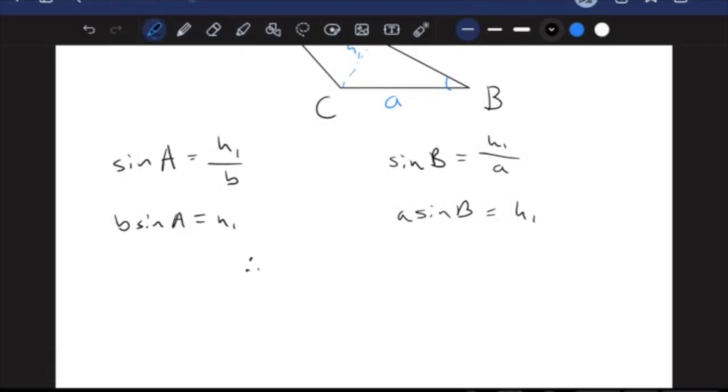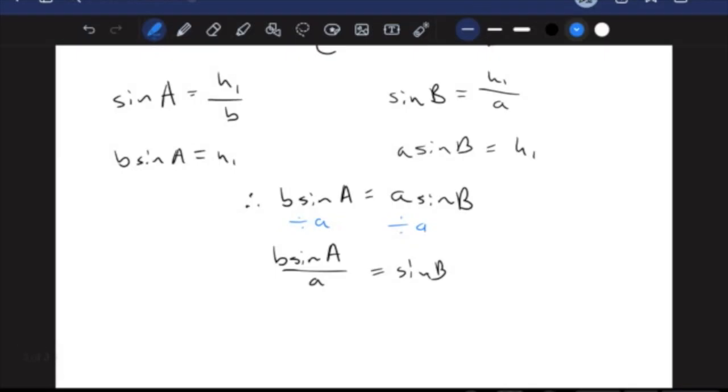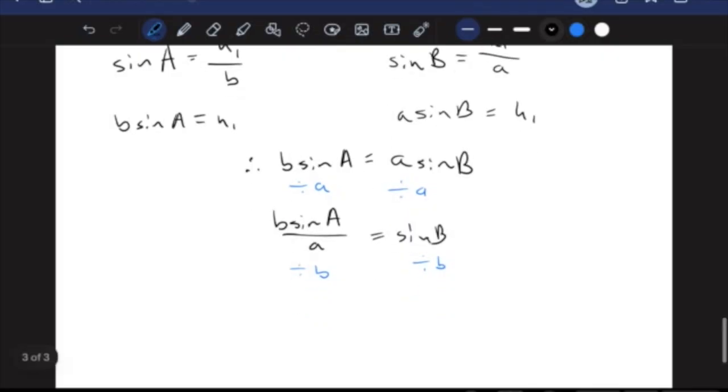So we can say, therefore, that b sine A equals a sine B. Now, rearranging these two equations, if I divide both sides by a here, that's going to give me b sine A over little a equals sine B. And then dividing both sides by b here is going to get sine A over a equals sine B over b. Now, this is the first part.